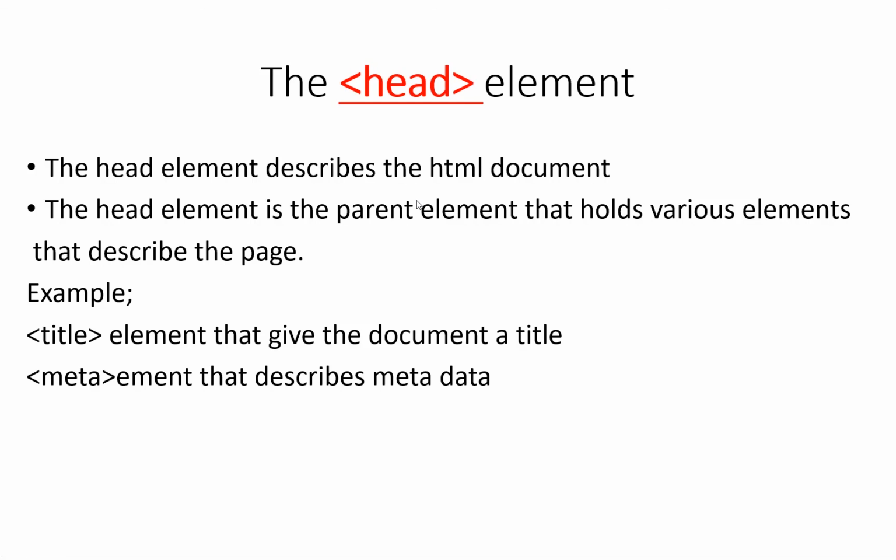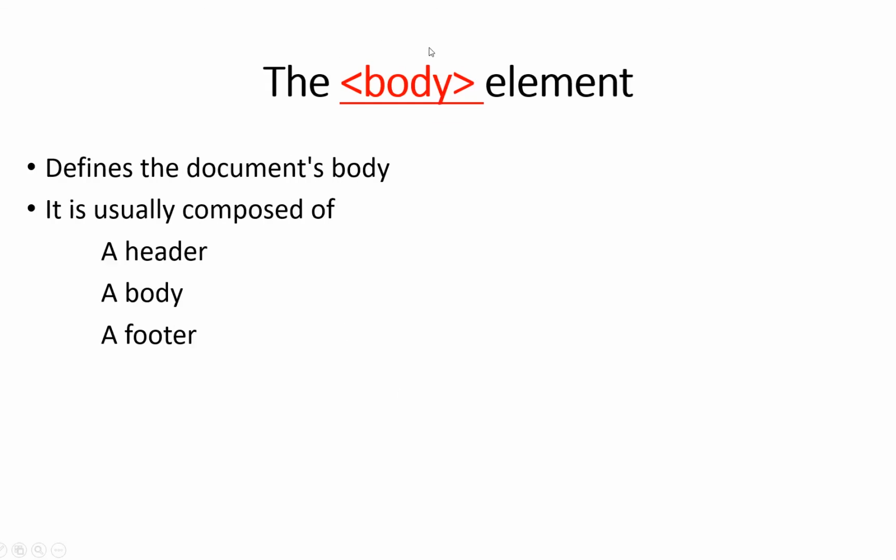Then the head element describes the HTML document. The head element is a parent element that holds various elements that describe the page. For example, we have the title element, we have the meta element that describes the metadata. Then we have the body element.